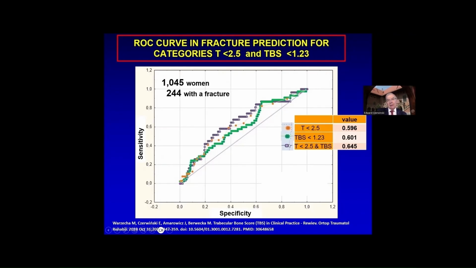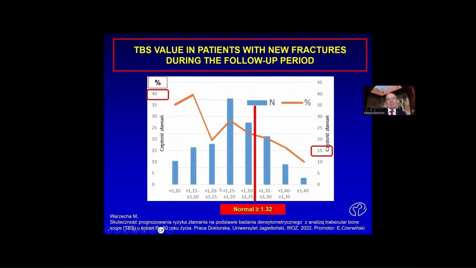So you see, in green is TBS less than 1.3, and T-score less than -2.5. So you see there is quite a nice correlation.